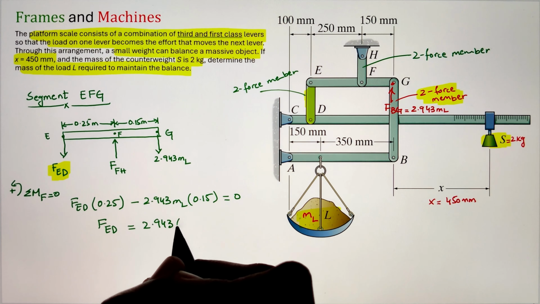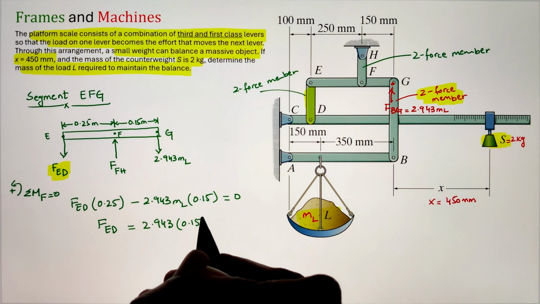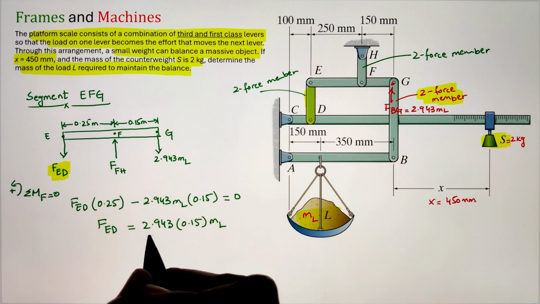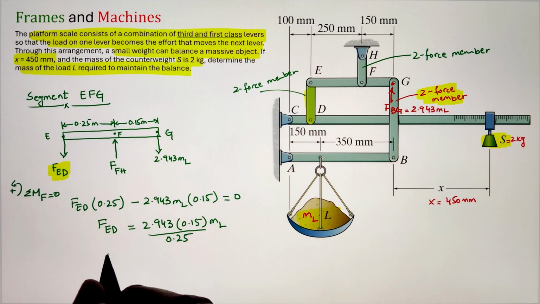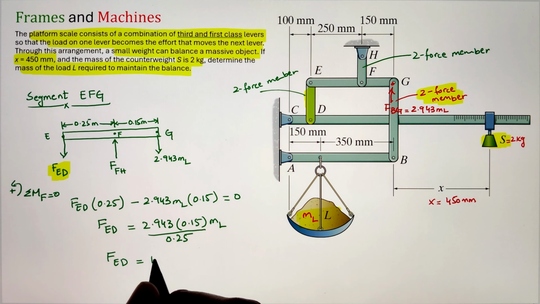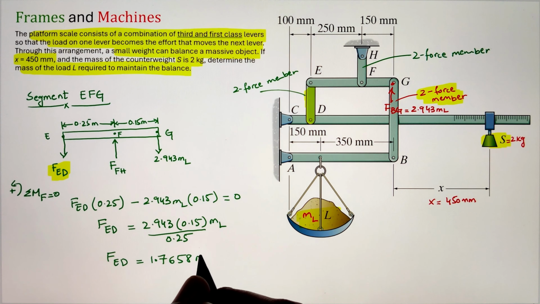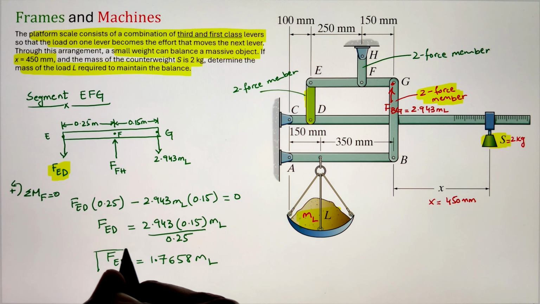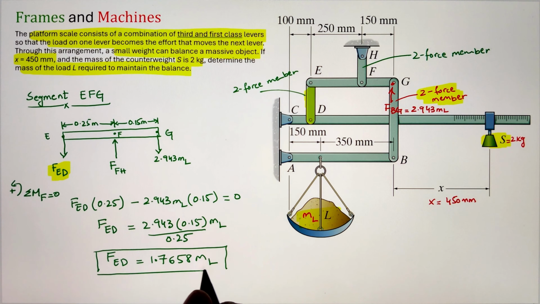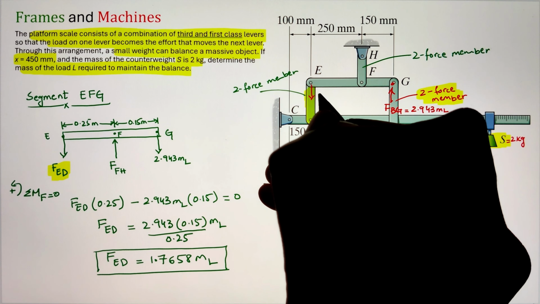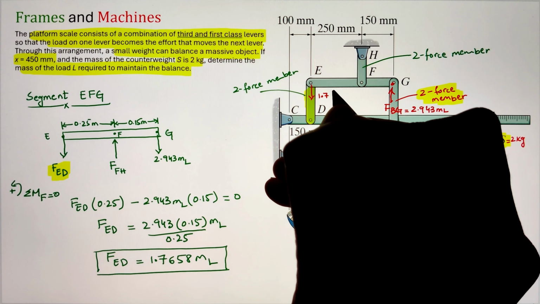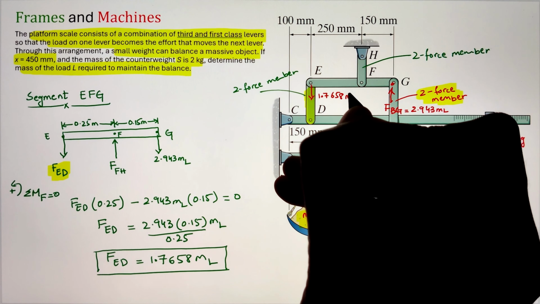Simplifying, we get our value of FED as 2.943 times 0.15 ml divided by 0.25, and if we simplify, we get our value of FED as 1.7658 times the mass of the load here. Now, since we are getting a positive number, it means that the direction which we have picked in our free body diagram is the correct direction. So let's go ahead and draw that on the image as well.